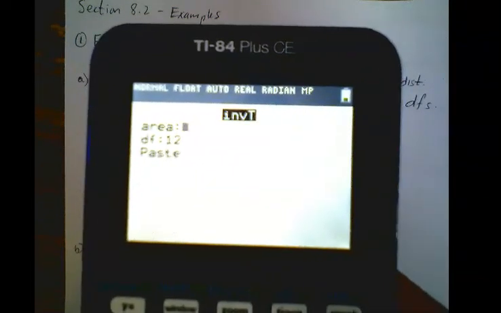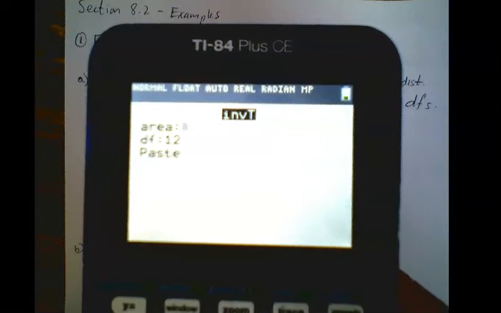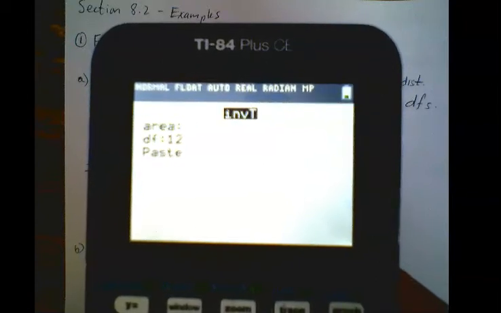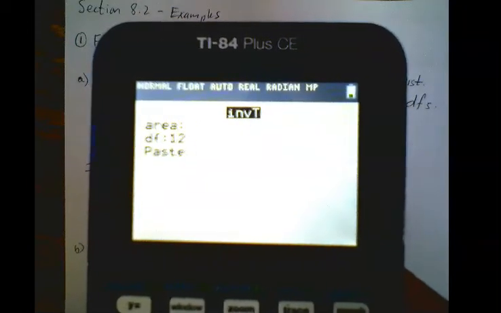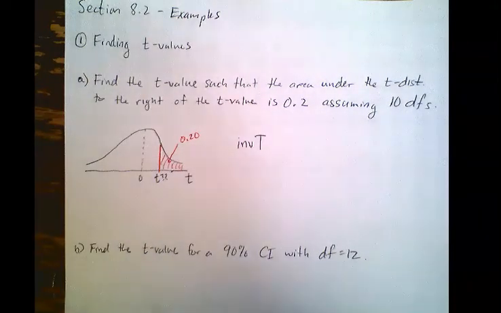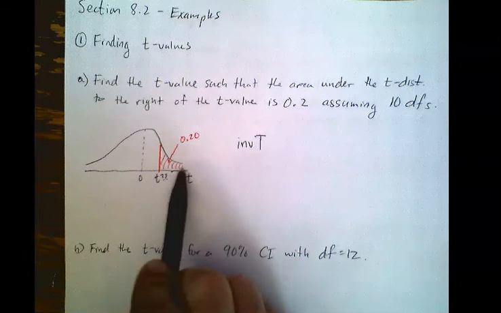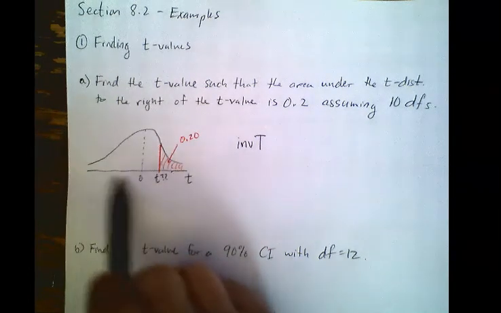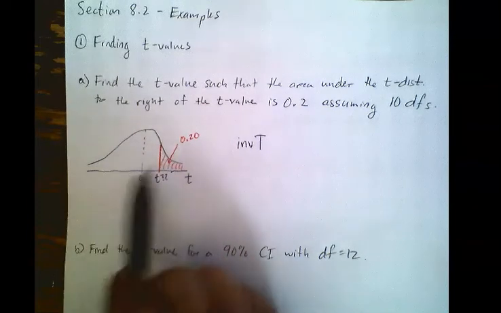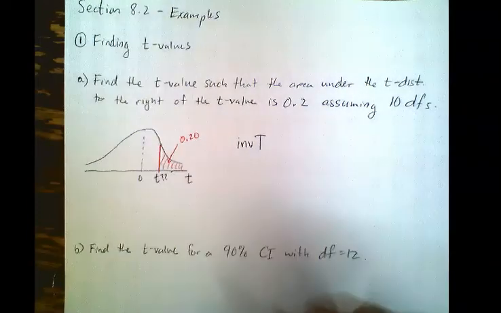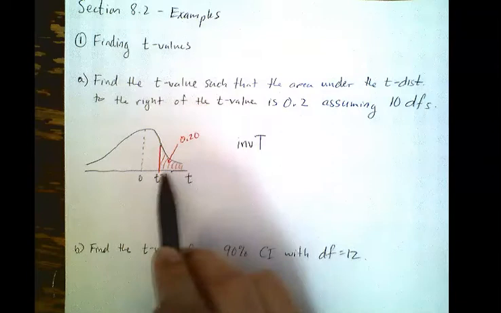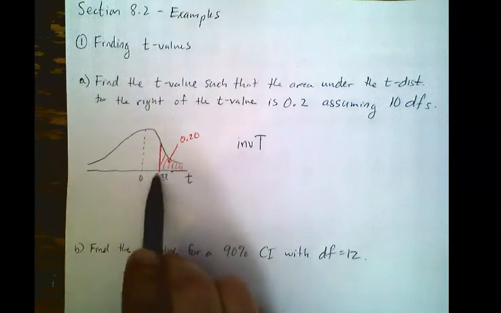All right, so notice here that we're just given the area and degrees of freedom for this one. Note that the area is always going to be the area to the left here, area to the left. So if we go back, we are given an area to the right, so we need to utilize the area to the left here to get our value. So if 0.20 is to the right, how much is to the left?